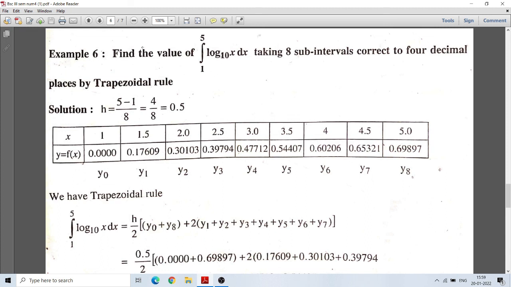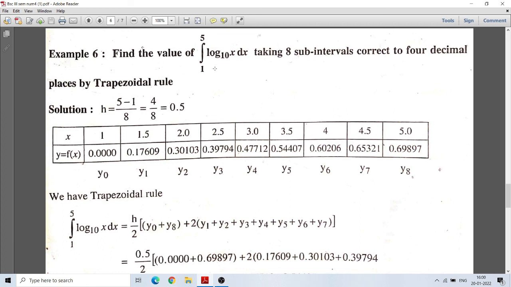From this, f of x is the logarithm of x to the base 10. If we substitute x is equal to 1 here, what will we get? Log 1 value is 0. Here see very carefully, logarithm to the base 10 is different from logarithm to the base e.